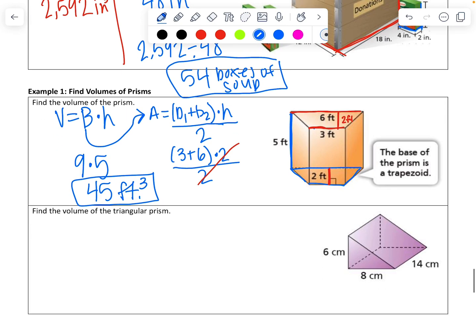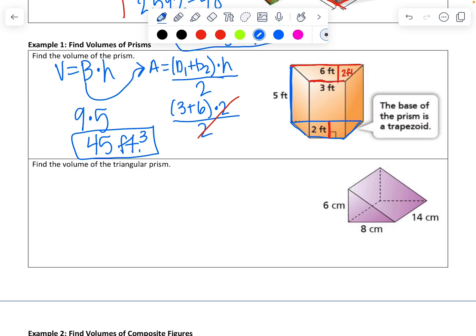So in this example, this one's going to be a little easier because the base is a triangle, not a trapezoid. So we use the same formula, V equals capital B times H. Okay. So I want to point out, on prisms, the bases are always the exact same.